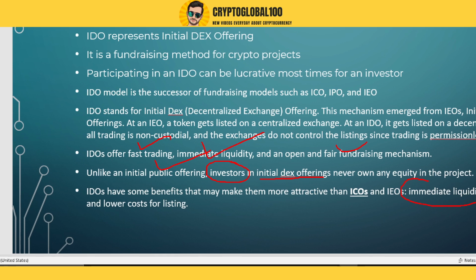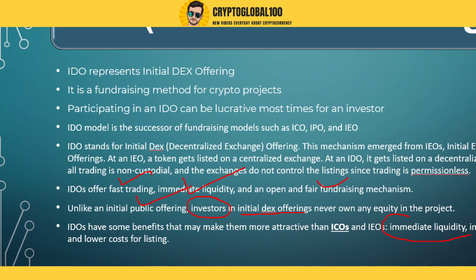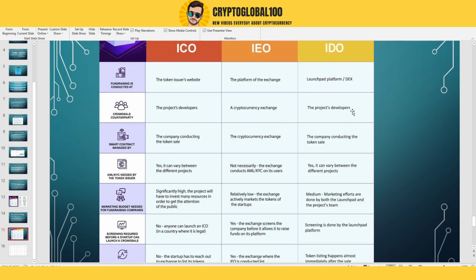Listing on exchanges costs a lot of fees, but listing on the DEX launchpads is fairly cheap. And it's also a fundraising method that has been proven for a long time.